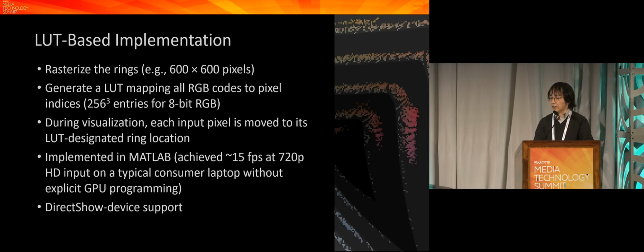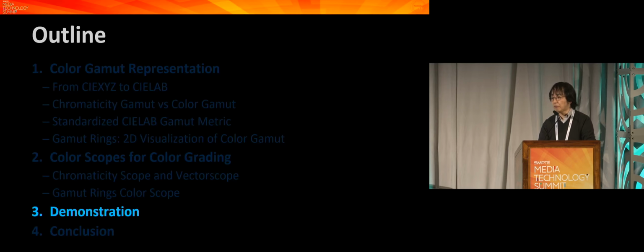And during the visualization, each input pixel is moved to its designated ring location. And I used MATLAB, achieving 15 FPS at 720p HD input on a typical consumer laptop without explicit GPU programming. And my app supports DirectShow devices. Demonstration.